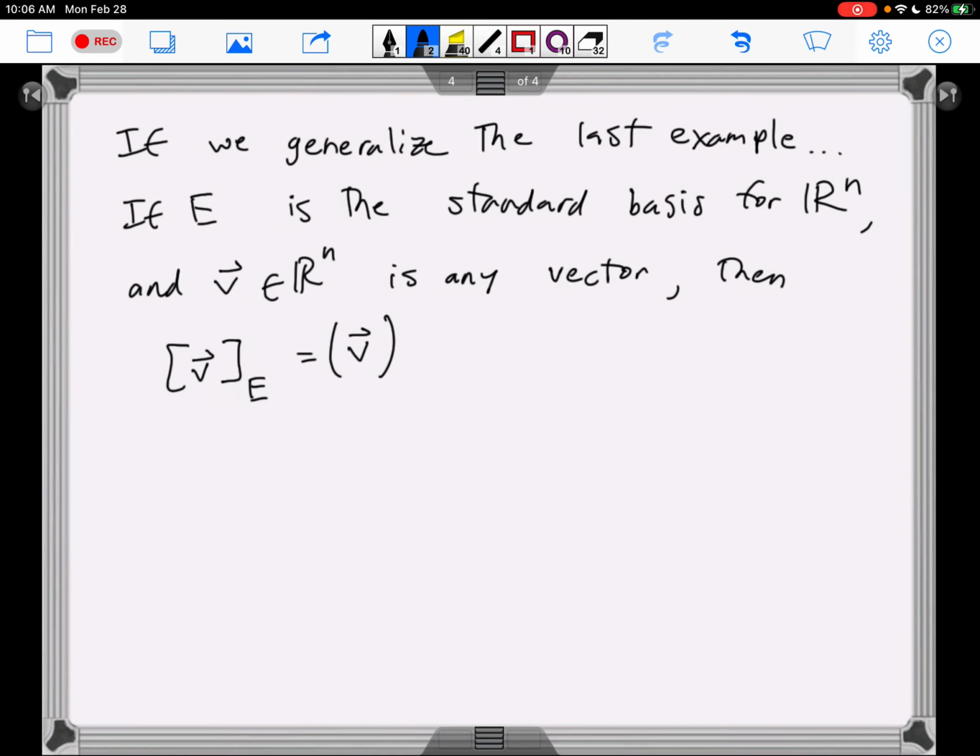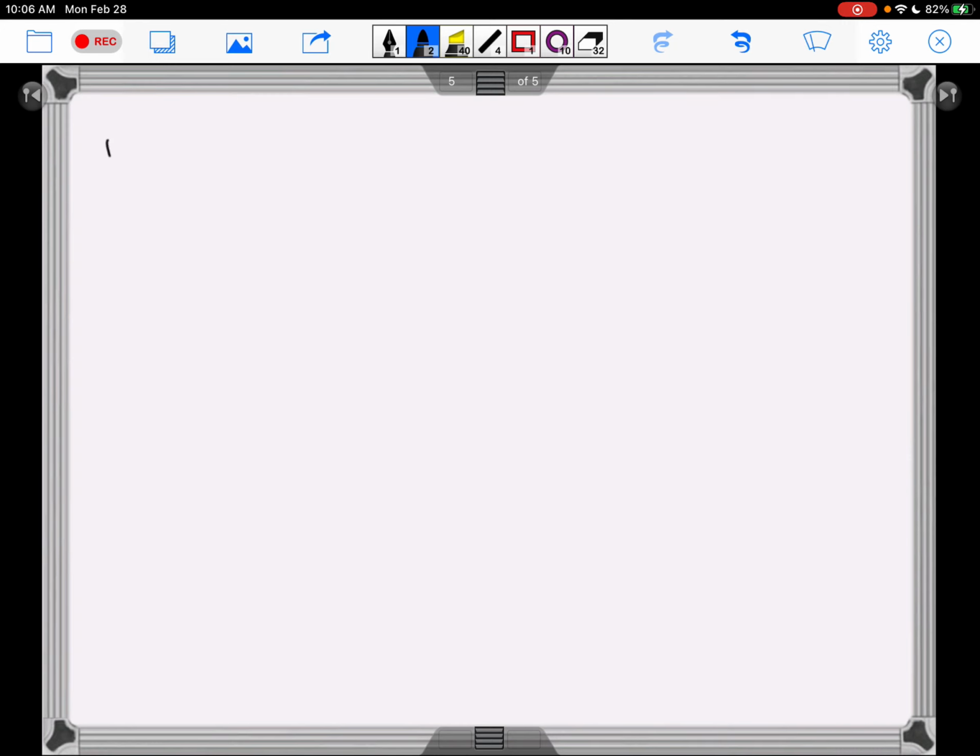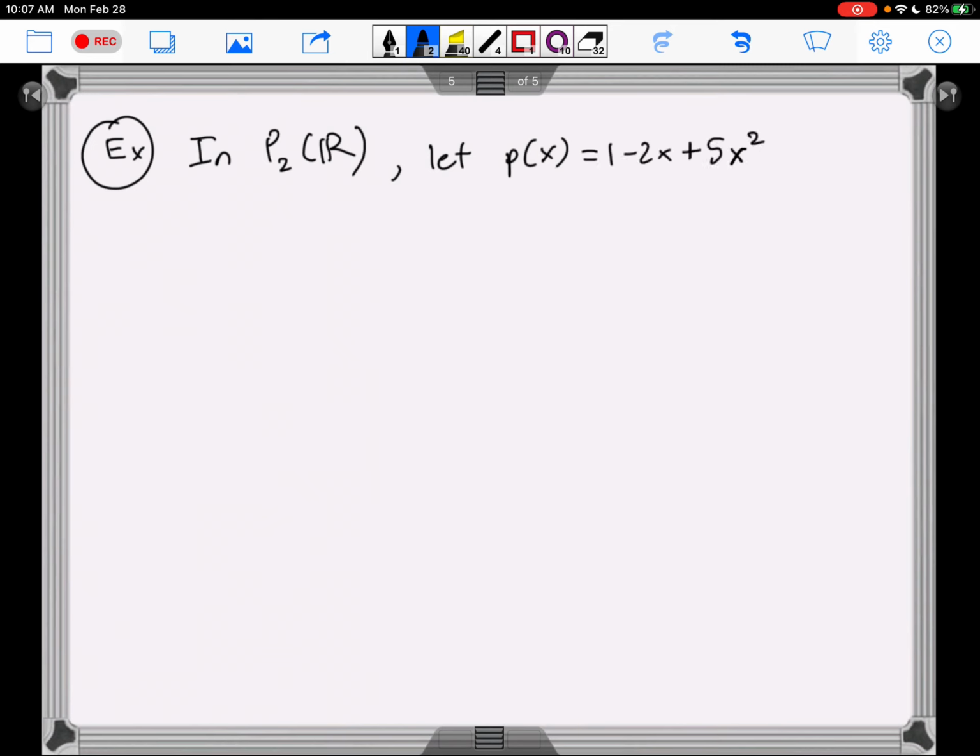Let's do a more interesting example here with a non-standard vector space. So, example. How about we use degree 2 polynomials? So first off, let p(x) equal 1 minus 2x plus 5x squared, which we know is inside of P2(R).